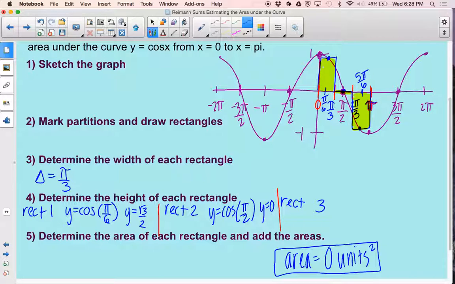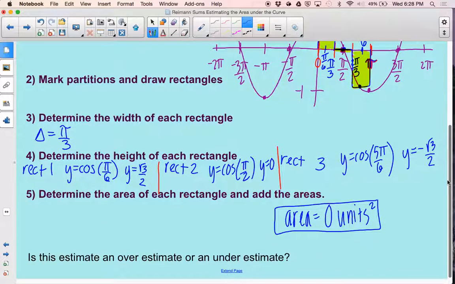So halfway between 2 pi over 3 and pi is 5 pi over 6. And you guys can do that math on your own. But I'm going to plug 5 pi over 6 in, and I get y equals cosine of 5 pi over 6. And if you look at your unit circle, think back to trig, cosine of 5 pi over 6 is negative square root 3 over 2.